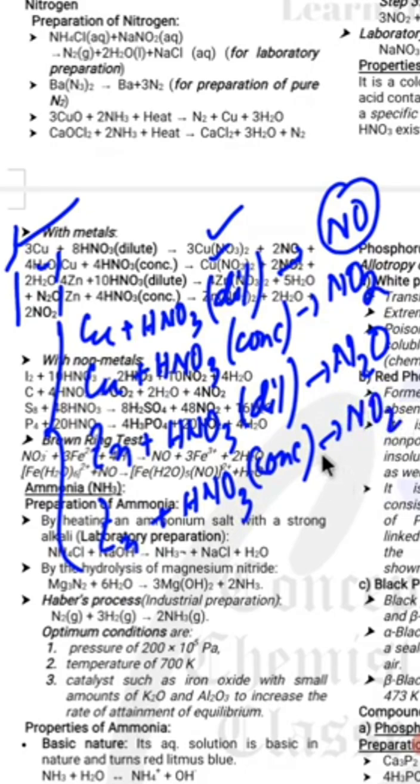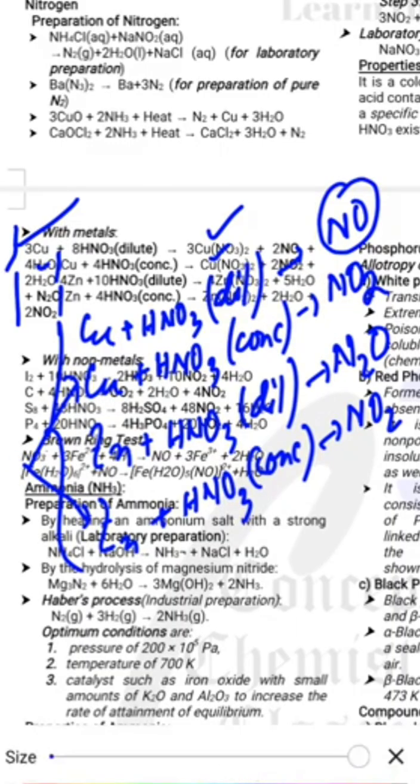So let me make these reactions easier. With concentrated HNO3, the oxide produced is nitrogen dioxide, right? Nitrogen dioxide. In both cases, nitrogen dioxide is produced with concentrated HNO3, while with dilute HNO3, copper produces nitric oxide, while zinc produces nitrous oxide.